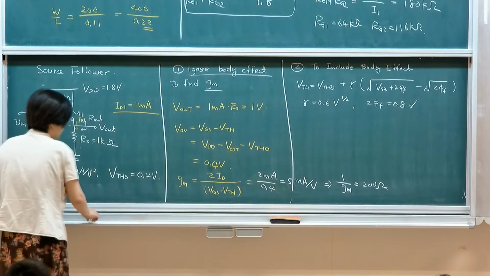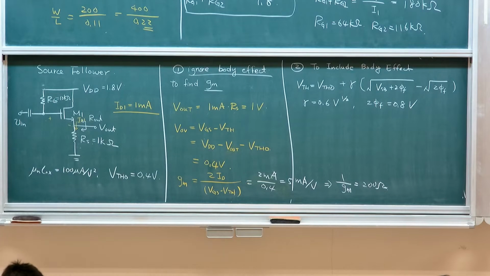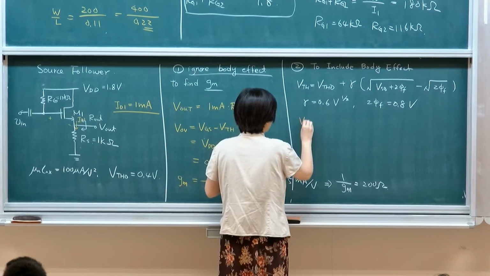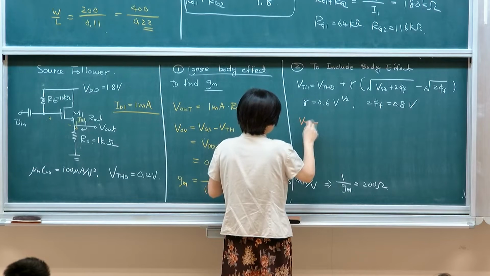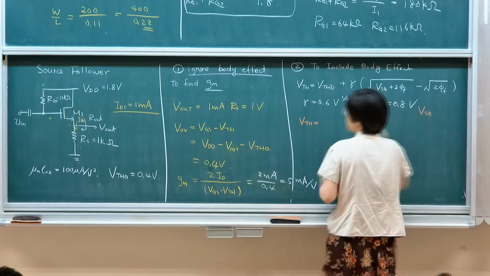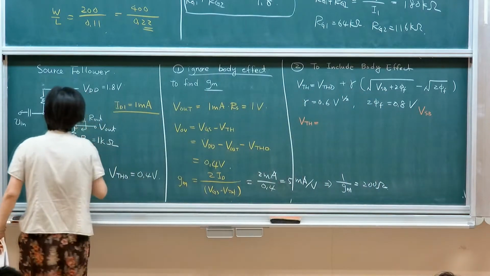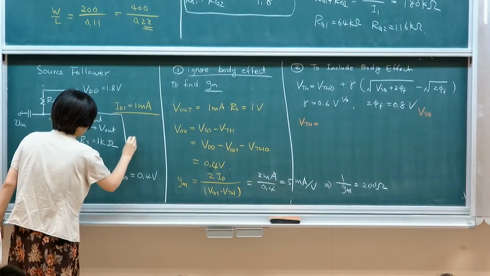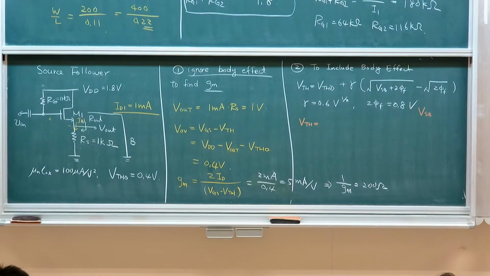Okay? So let's look at what is the impact once you include body effect, mainly on overdrive. What we want to do is to find out the actual threshold when VSB is no longer 0. So we know that source to body, sorry, I didn't highlight, body is here. Body is by default connected to ground. So body is ground, source is at 1 volt by this setting.